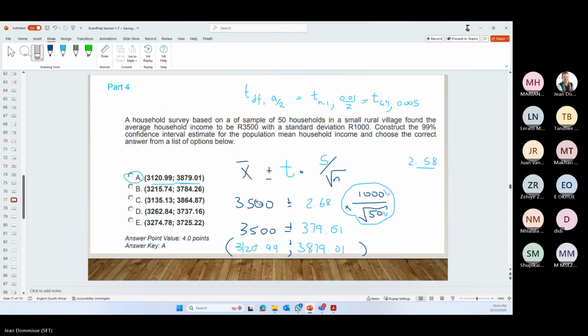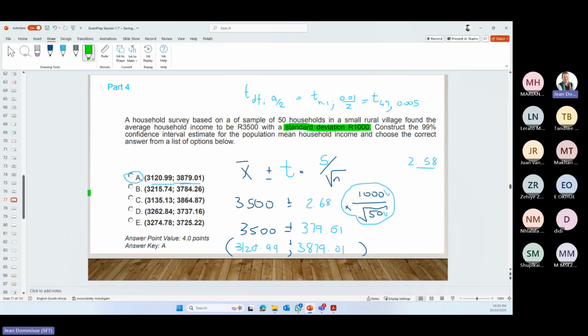But here the standard deviation is unknown, because they don't give us the population standard deviation. So always check, when you get a question about the standard deviation, whether they say something about it.